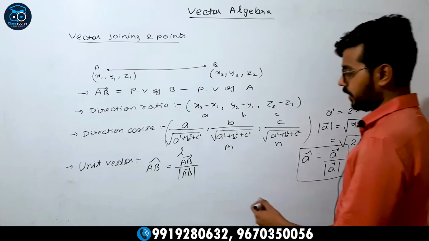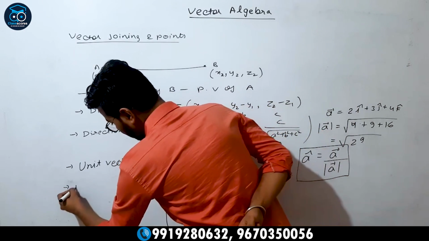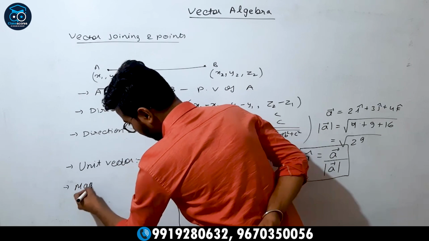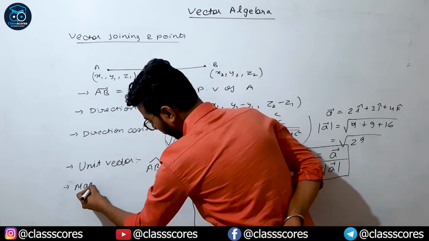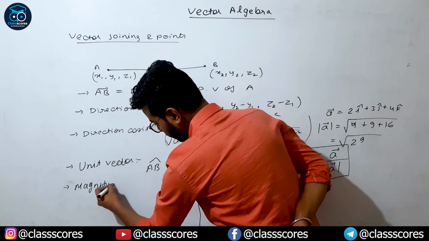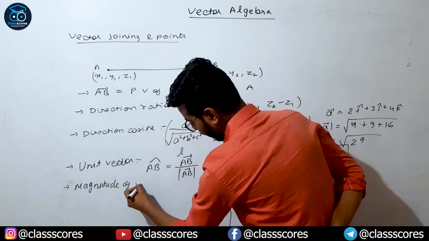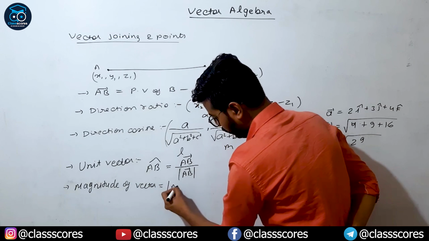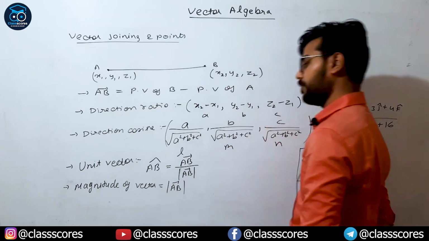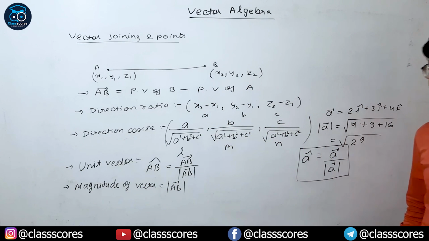And we are also able to find the magnitude of the vector, that is mod of AB vector. So magnitude also represents the length of that line segment.